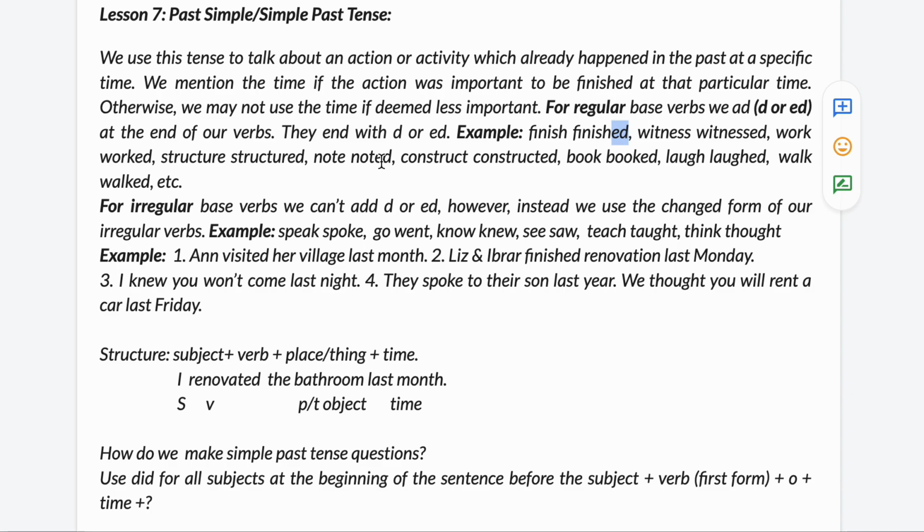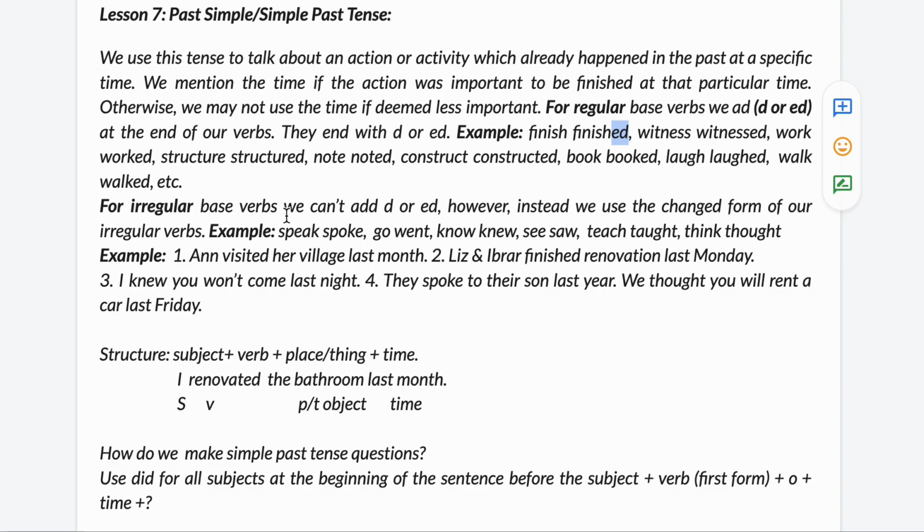Note, noted. Construct, constructed. Book, booked. Laugh, laughed. Walk, walked, etc. So this was the regular structure of our base verbs that we use in our simple past sentences or questions. The next one is called irregular.